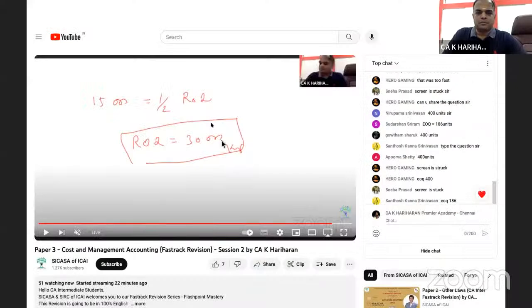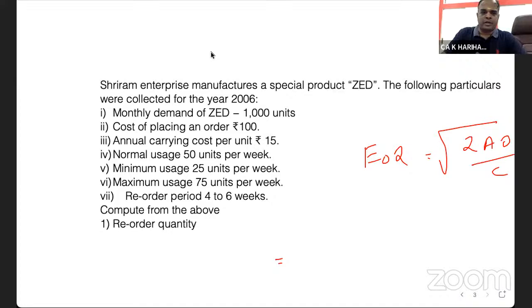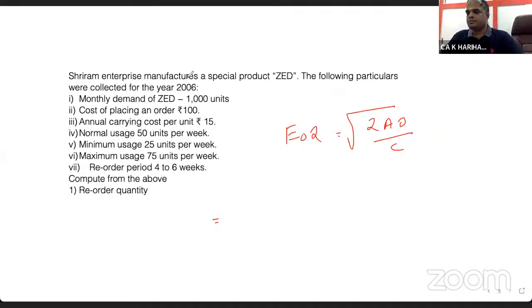Shall I split? Is it okay now? So the formula for you, is it visible?